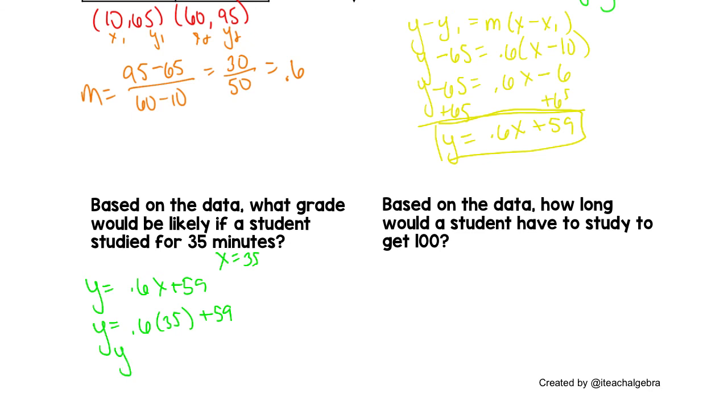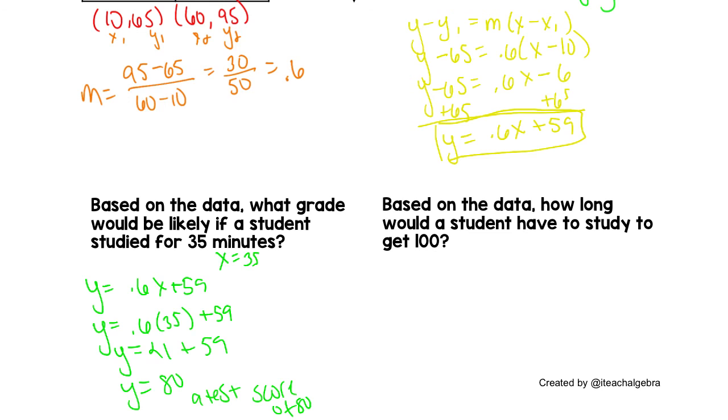That means y equals, get my calculator here, 0.6 times 35 is 21. So that's 21 plus 59. That means y equals 80. That means we can assume if they studied for 35 minutes that they get a test score of 80.